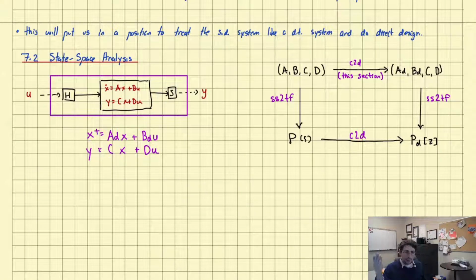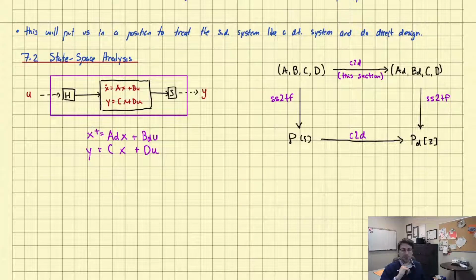If I had a closed form expression for the solution of that differential equation, I would know how to sample, or what the samples would look like based on the model. Okay? And so that's kind of the idea here. We're going to get a closed form expression for the solution of the differential equation. And from that solution, we're just going to take that function of time, and pick out the sample instances from that solution. That's the basic idea. Okay?